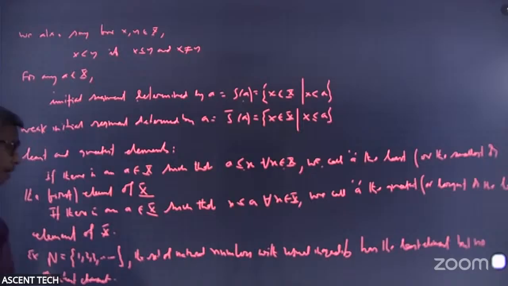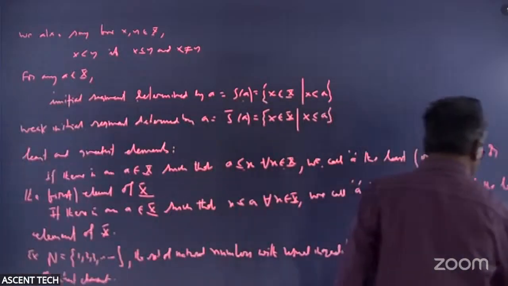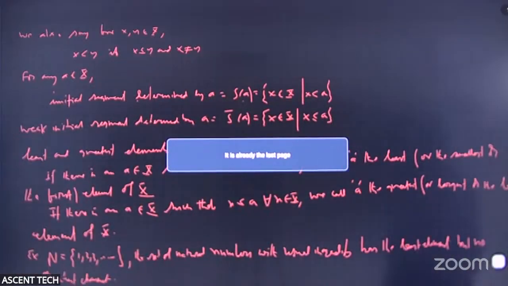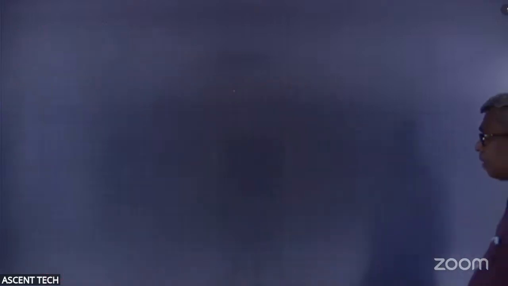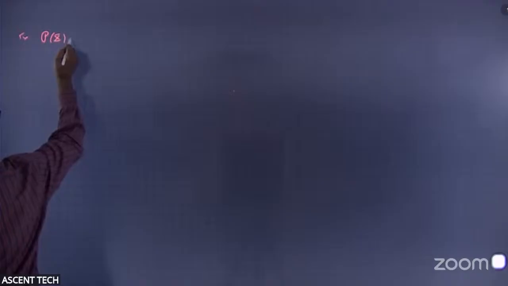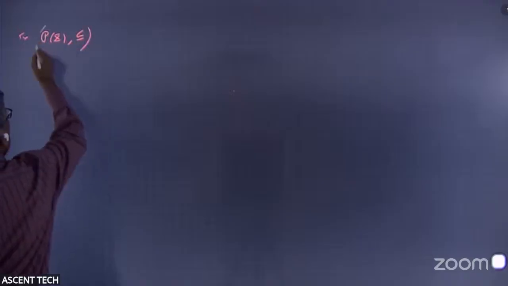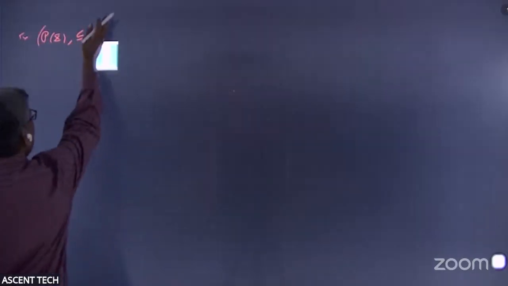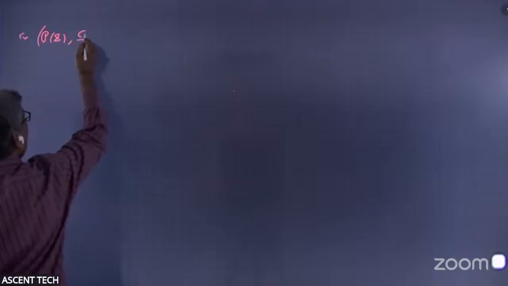I'll give you one more example. I can look at the power set of X, with containment as an inequality. Less than or equal is containment. This also, you can see, is a poset.